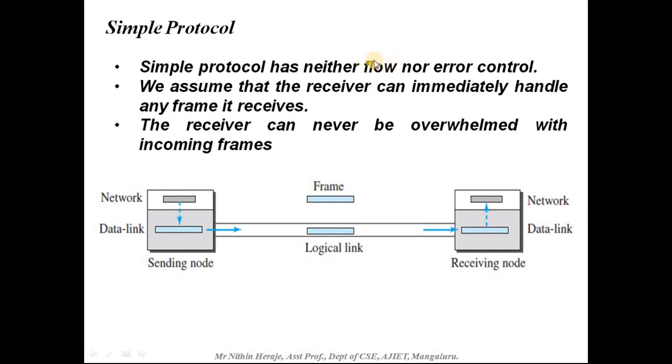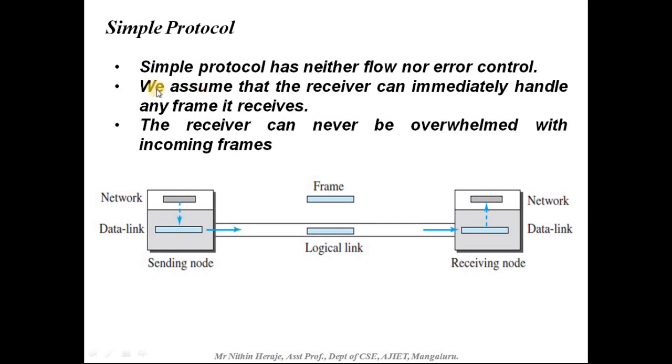It is not handling flow control, meaning you simply push frames from the sender end to the receiver end, irrespective of whether the receiver receives them or not. Similarly, it is not bothered if a received frame is corrupted or lost in between. You keep on sending the frames from the sender side to the receiver side.